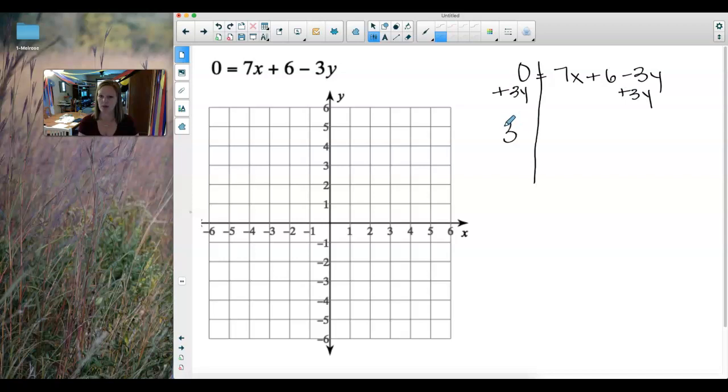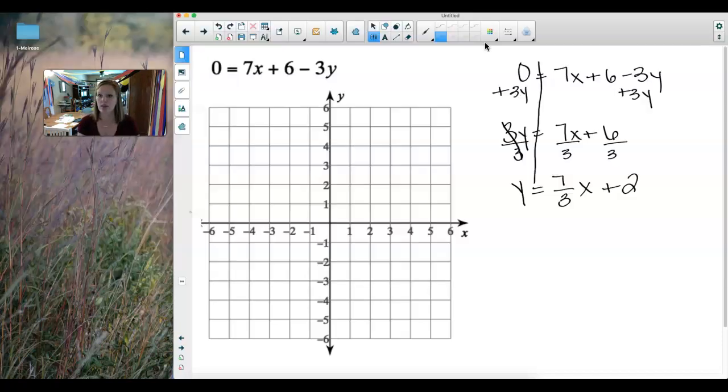So then we have 3y equals 7x plus 6. And now we need to get the y by itself, so we're going to divide every term by 3. These cancel, so we have y equals 7 over 3 x plus 6 divided by 3 is 2.